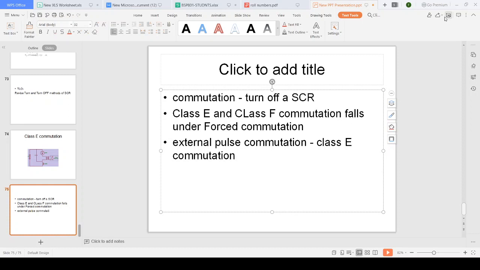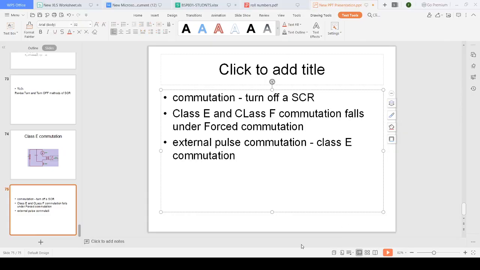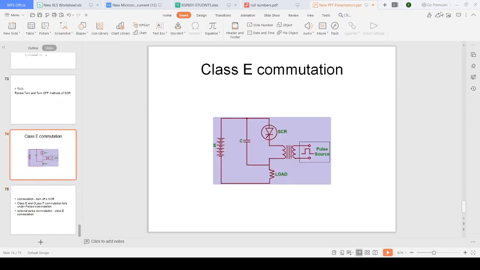In this commutation technique, an external pulse or external signal is applied. This external pulse is taken from another, separate voltage source.